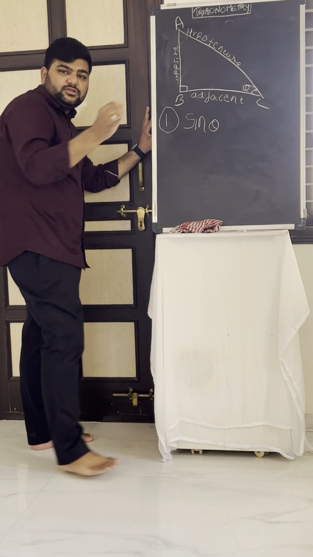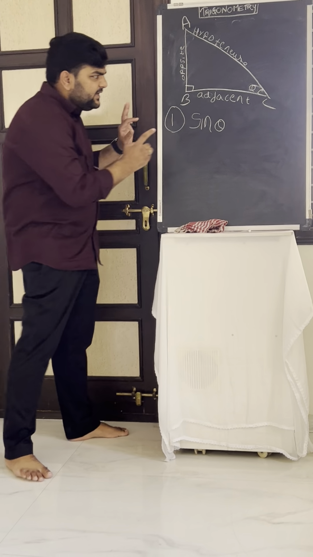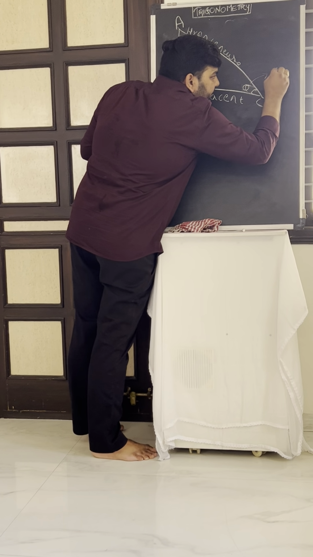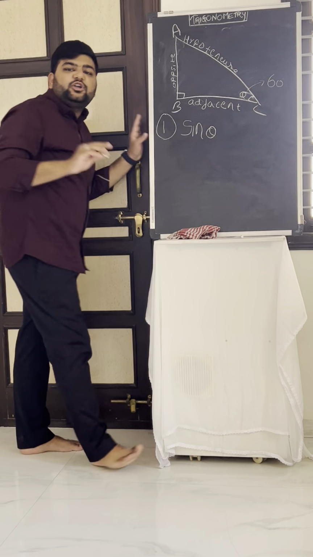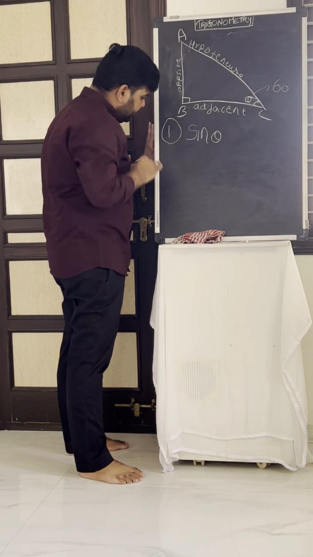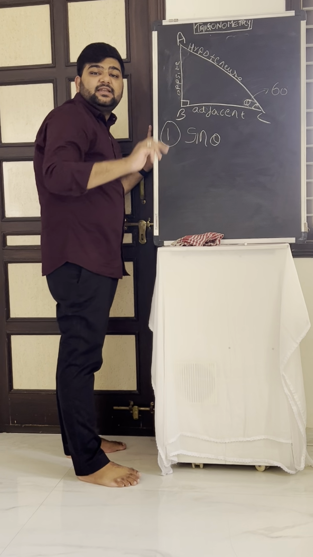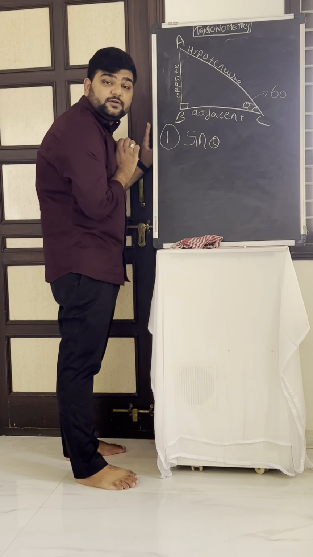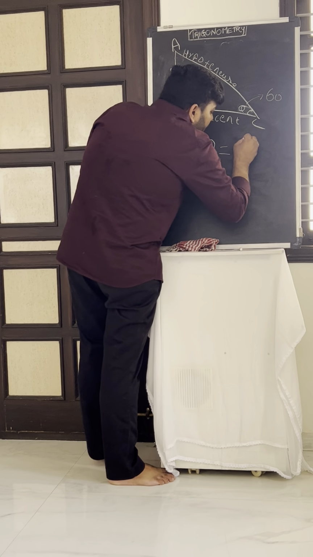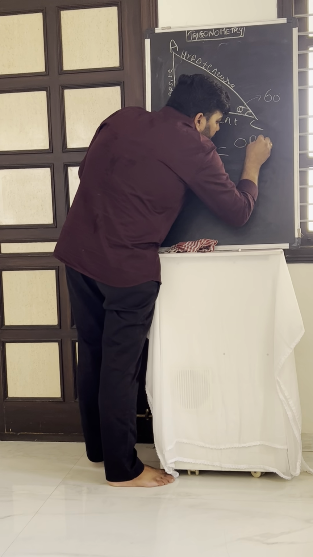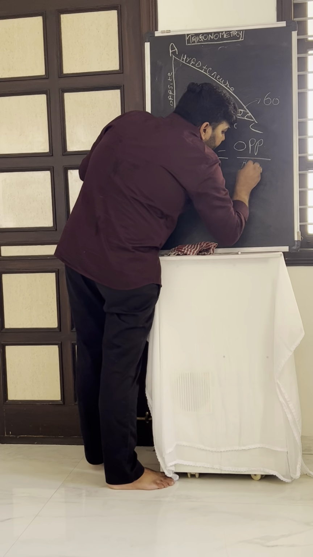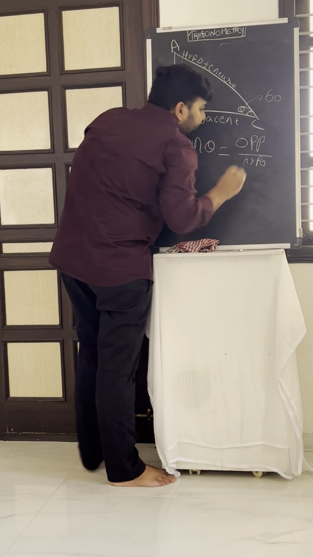Let's suppose this angle is nothing but 60 degrees. Okay, now come back over here. Sine theta, the first function. What is the formula for sine theta? It will be equivalent to opposite upon hypotenuse.